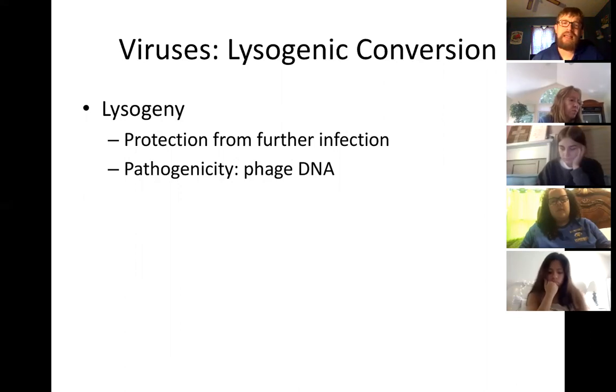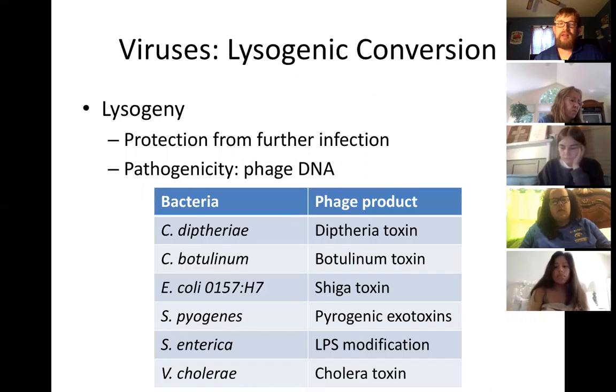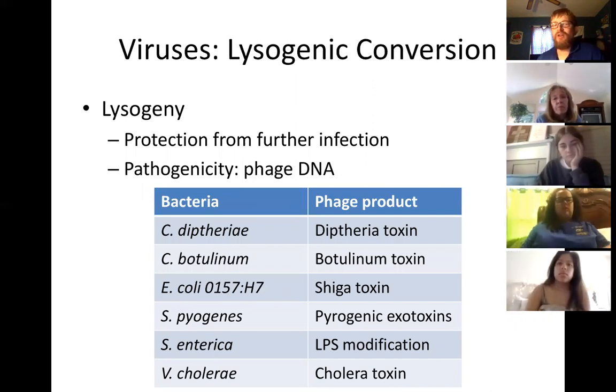Now, one of the things that can result from lysogeny that can be kind of bad is sometimes the genes or the information that's encoded within the host chromosome is actually what gives bacteria their pathogenic capabilities. And so interestingly, you see these bacteria on the left, and some of them you've probably heard of, or at least you've heard of maybe the product on the right.